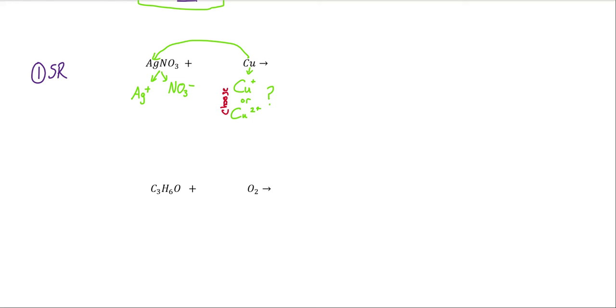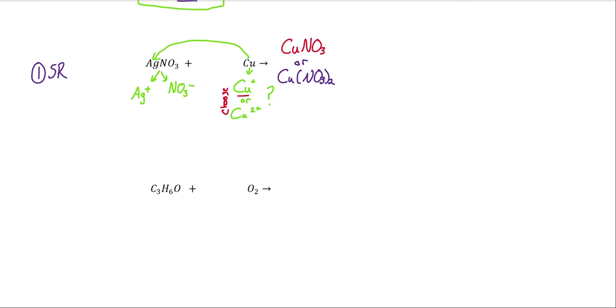You could predict the copper is bonding with the nitrate on a 1-to-1 basis, in other words, having copper 1 nitrate, or you'd be able to predict that the copper is bonding with the nitrate on a 1-to-2 basis, or it's copper 2 nitrate. Either one of those is a fully acceptable prediction.